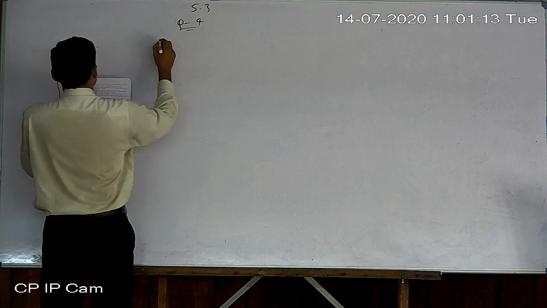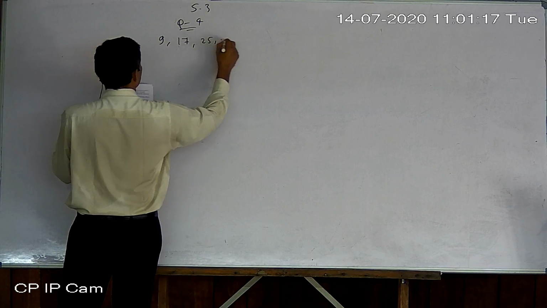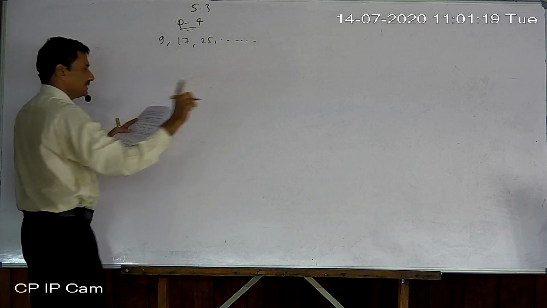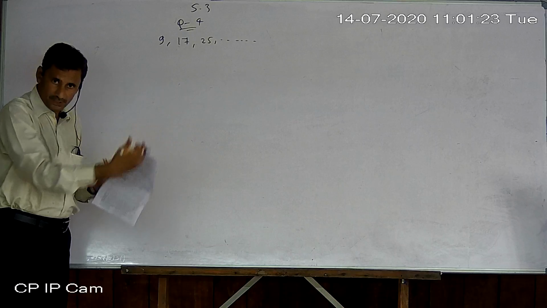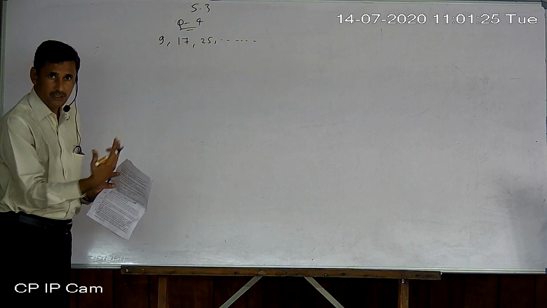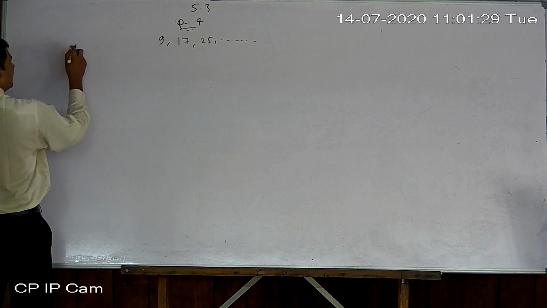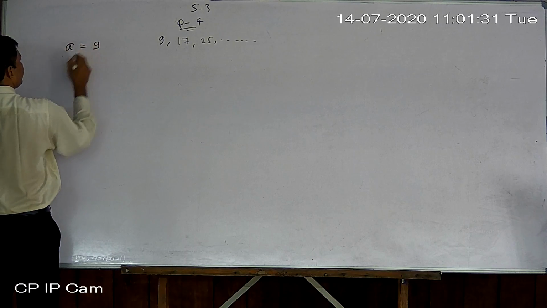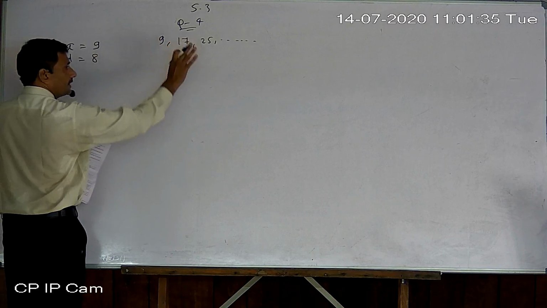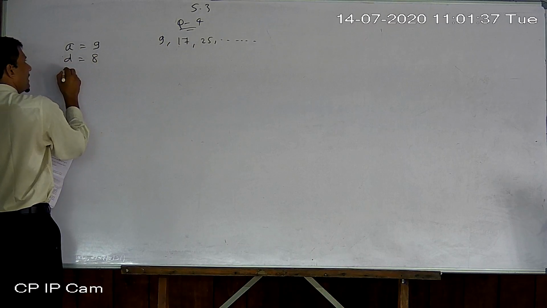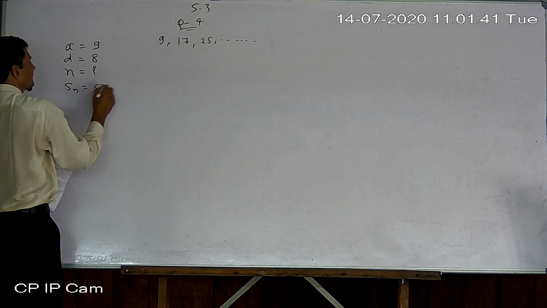What is given? AP is given: 9, 17, 25. The last term is not 636, but the sum of all terms up to a particular number is 636. So write down here A equal to 9, D equal to 8. You can find it orally. N is not given, Sn equal to 636.